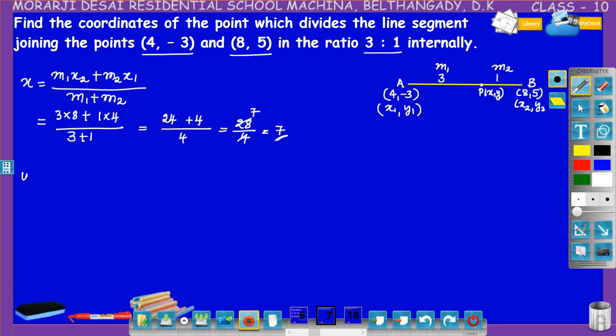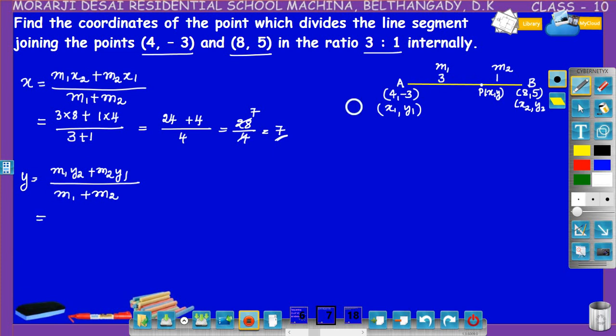Now find the y coordinate. Formula to find the y coordinate of point P is m1 y2 plus m2 y1 divided by m1 plus m2.